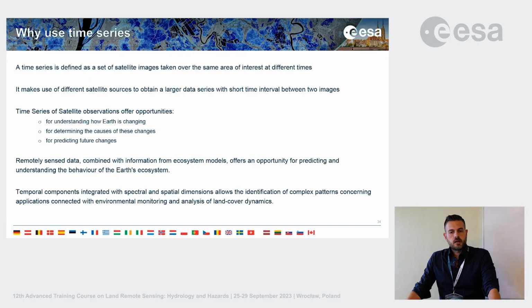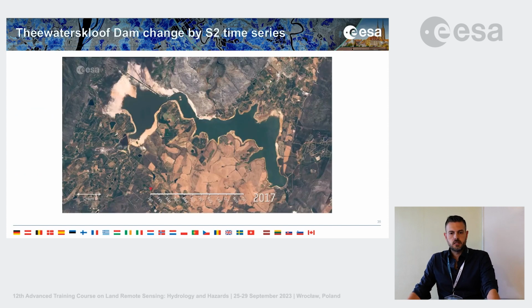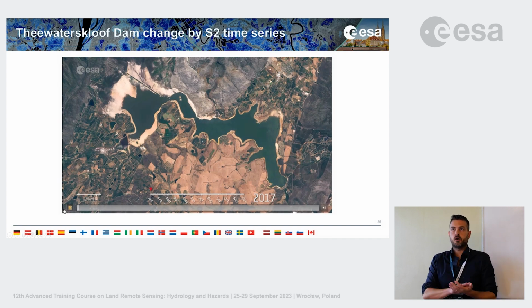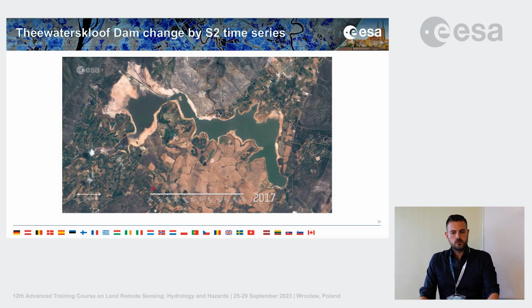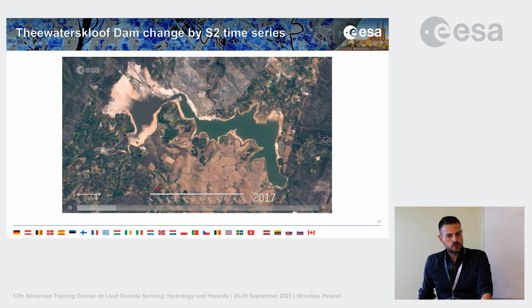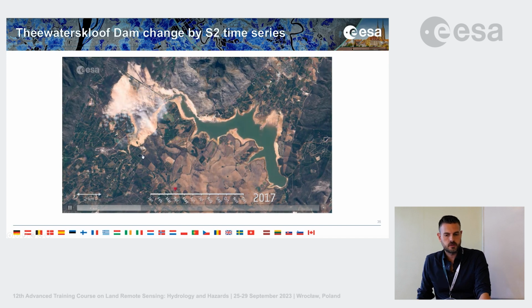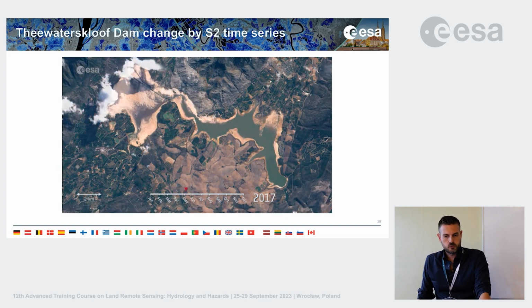So we use time series to produce maps in several applications. One of these is the CCI land cover. We started in 2005 with GlobCover, and in 2009, taking all the available images from 1st of January 2004 until 31st of December 2004. The same for 2009.